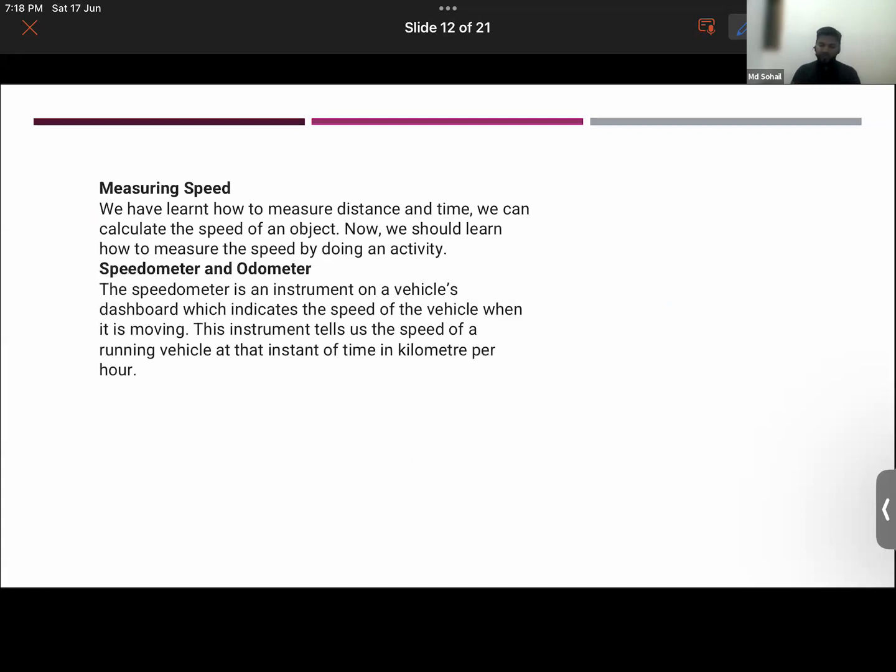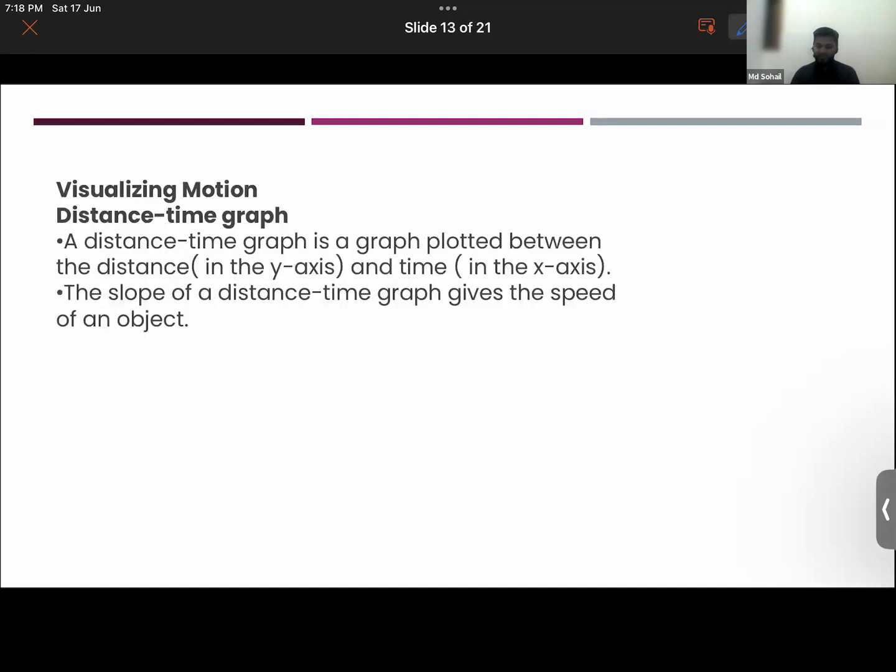Now, we already discussed how speed is measured. Using that formula, we can calculate the speed. You already know that a speedometer measures the vehicle's speed at any given time, and an odometer calculates the distance traveled by the body.